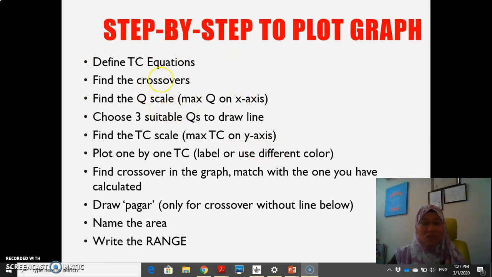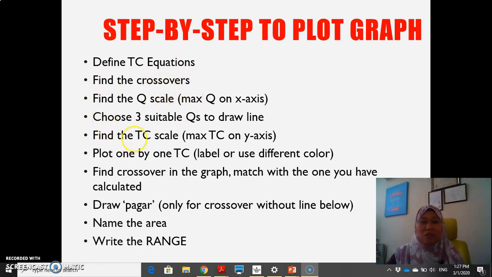First is to define the TC equation, which we're going to do later on. Then we need to find the crossover between these two locations. Luckily we have only two locations, so we only have one crossover. It's going to be a bit more complicated when you have three locations, because you need to find the crossover about three times.